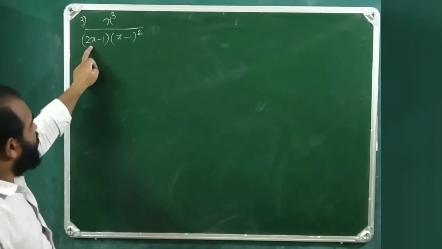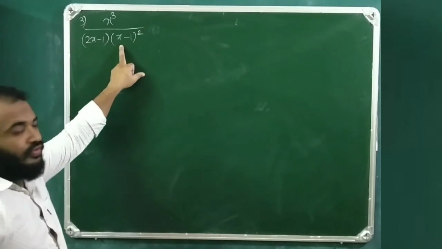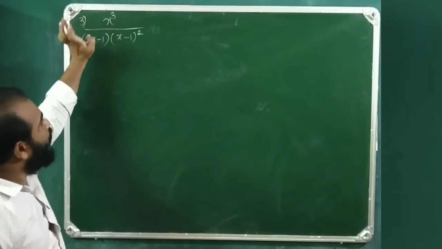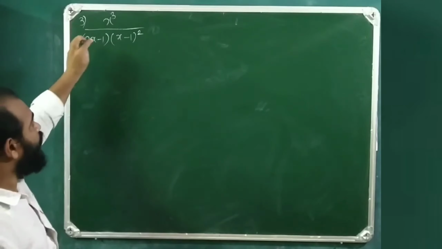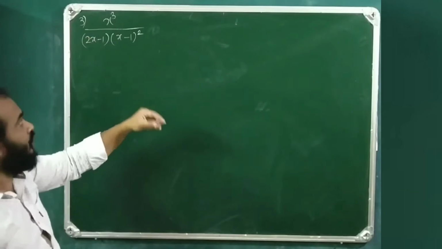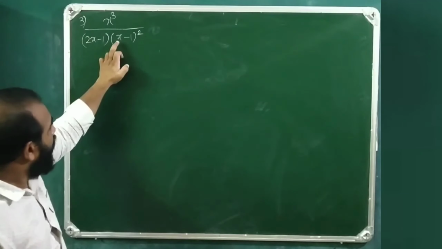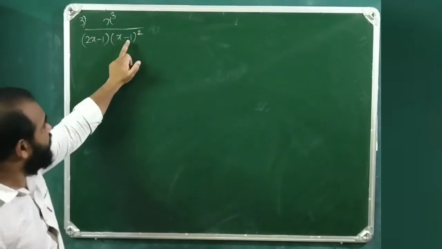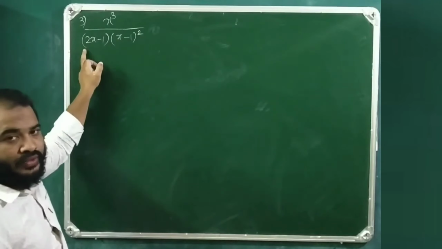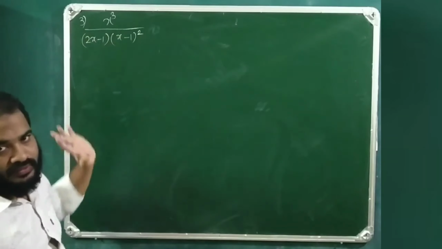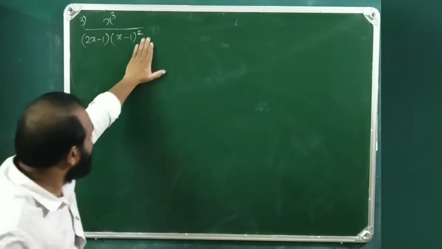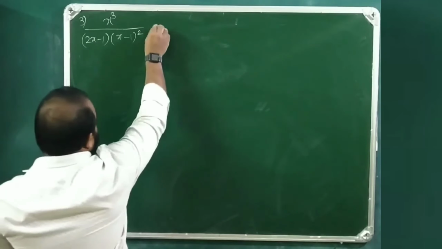Next, x cubed by 2x minus 1 into x minus 1 whole square. Again, this is an improper fraction, with the degree of f of x and g of x equal to 3. Here x cubed in the numerator. On expansion, the denominator is x square into 2x, 2x cube.